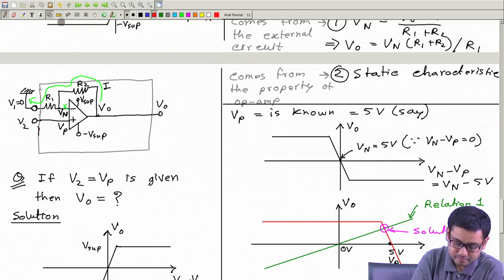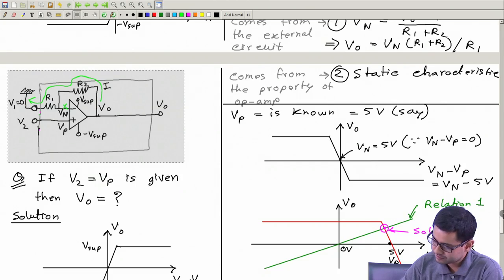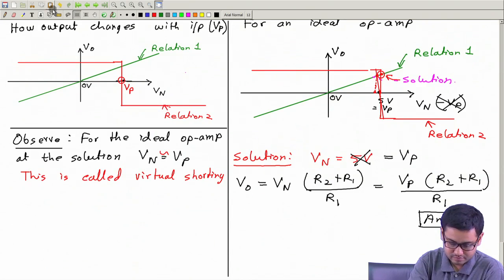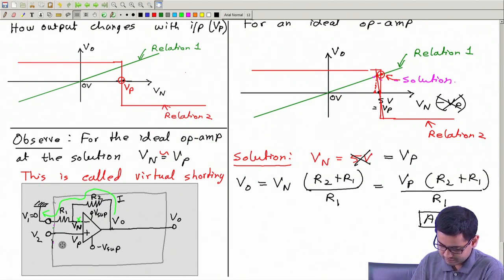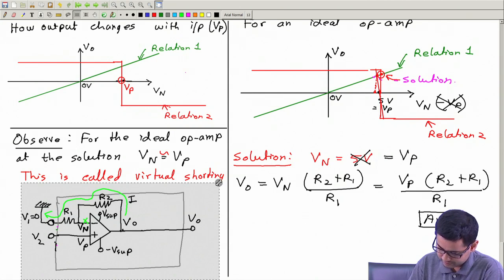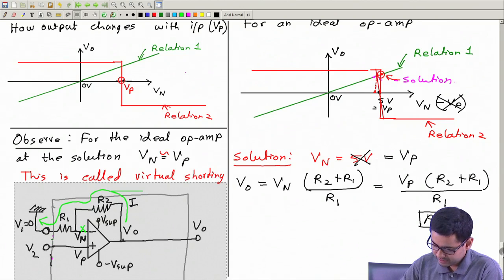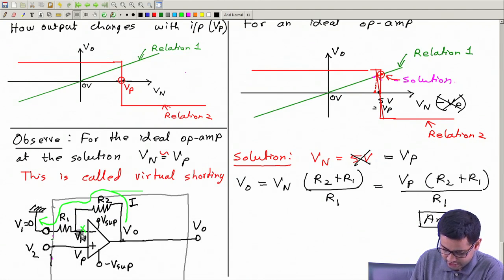Let me zoom in and tell you once again that there is no current at all here, so do not think that there is some current flowing like this from here to here or here to here.